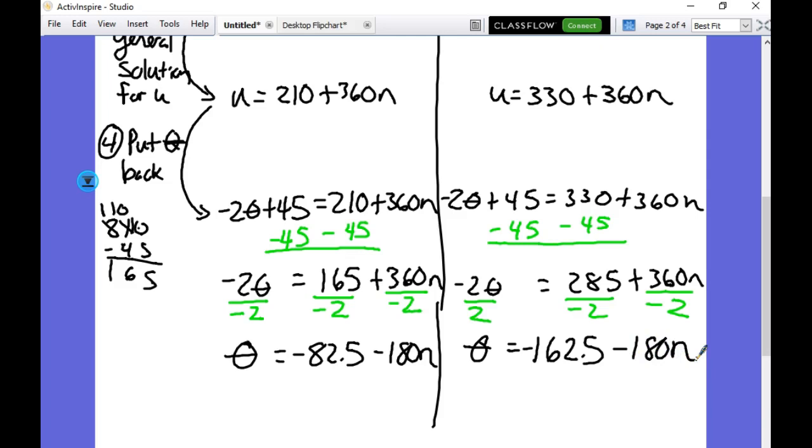All right. So now, 142, not 62. Thank you. We're good now? All right. Okay, so that was the next step, which was to solve for theta.